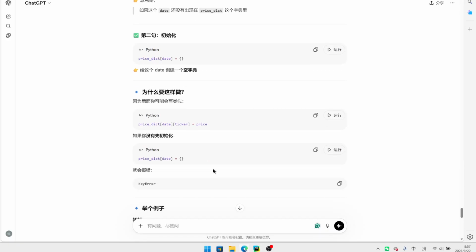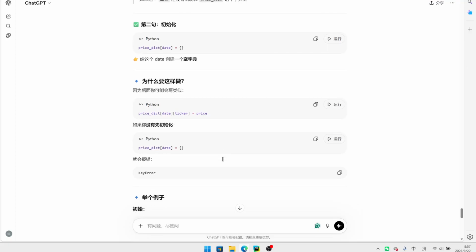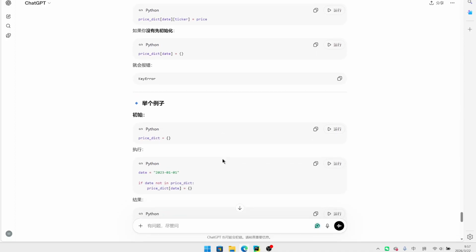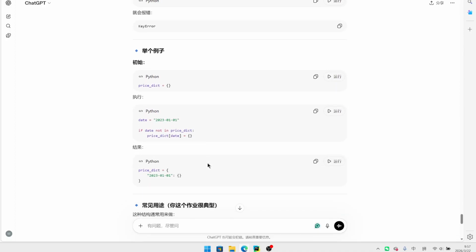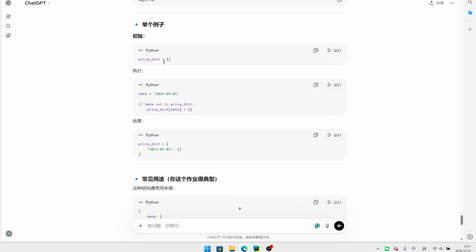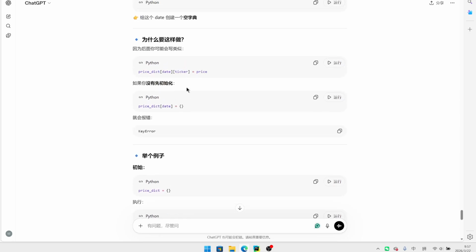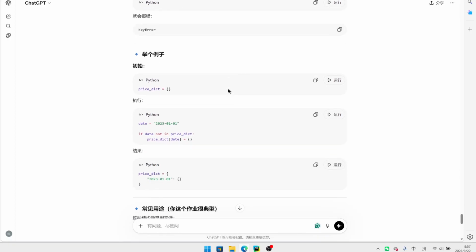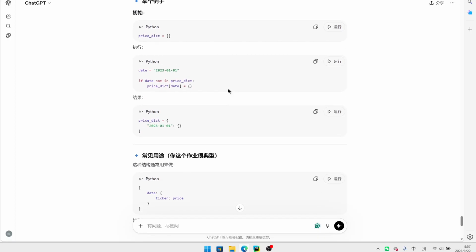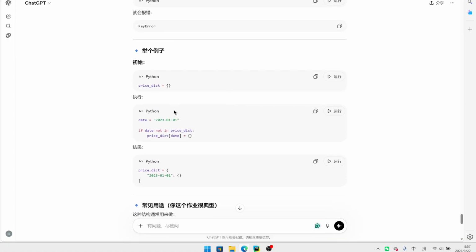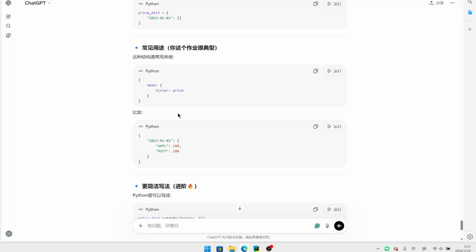That's okay. Correct. So the real example: date takes a price, date takes a price.